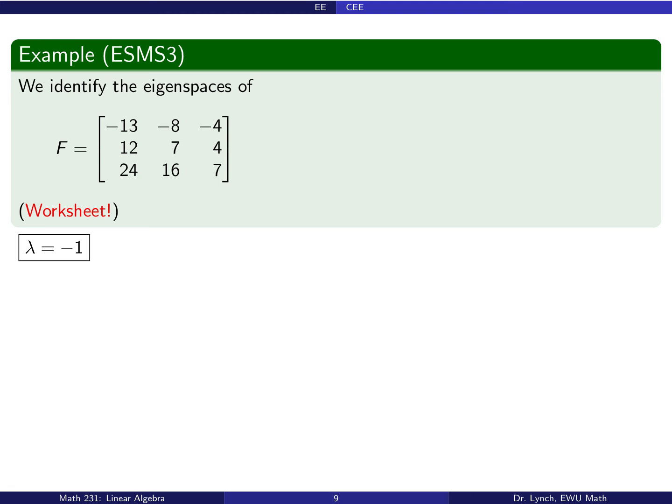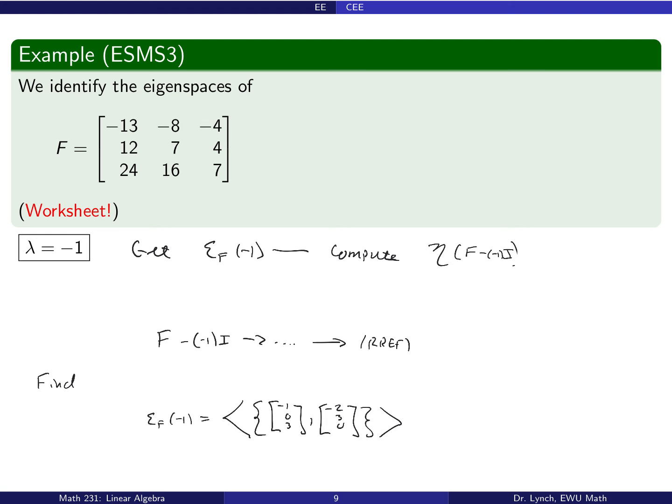Okay, similarly for lambda equals -1. Again, I won't take all the fun away from you, but when you have a look at the null space of F minus (-1) times I, you should find that the null space can be represented by the span of a set containing two vectors, and those two vectors are (-1, 0, 3) and (-2, 3, 0).